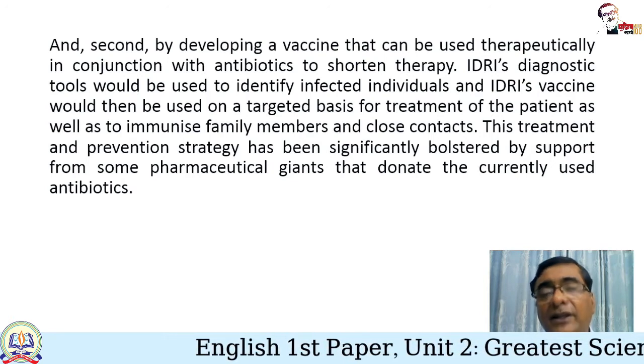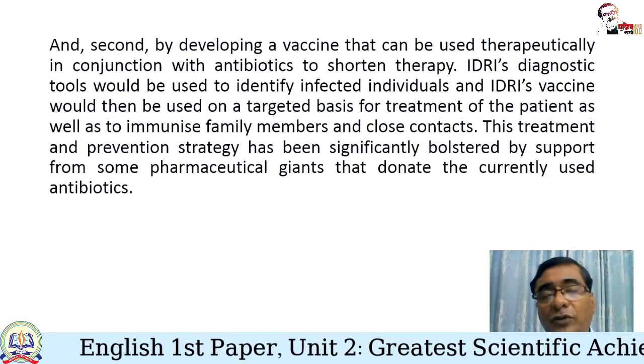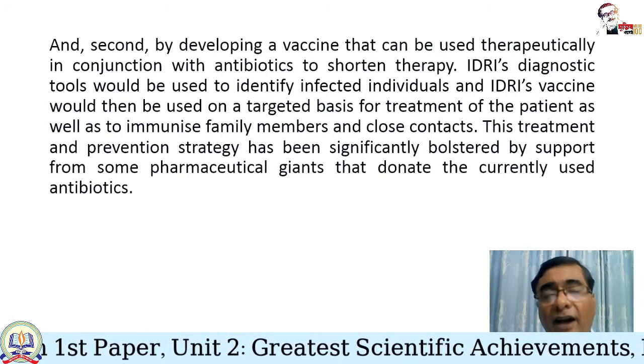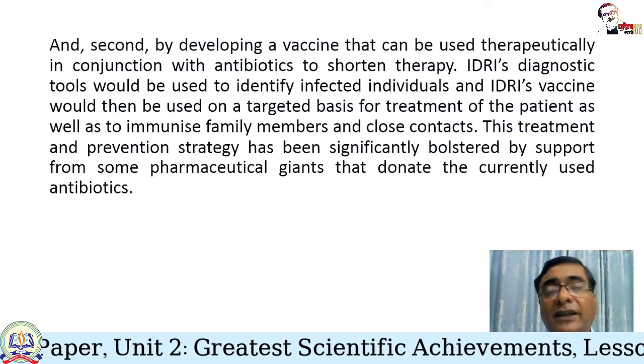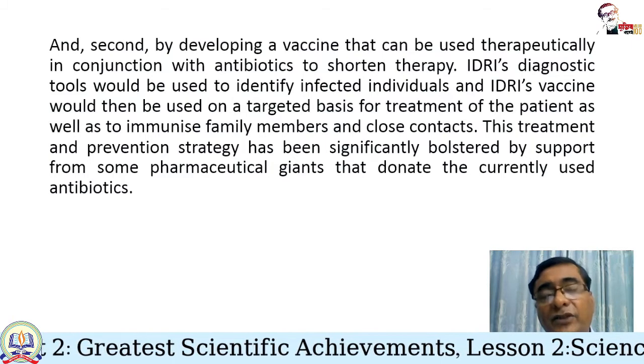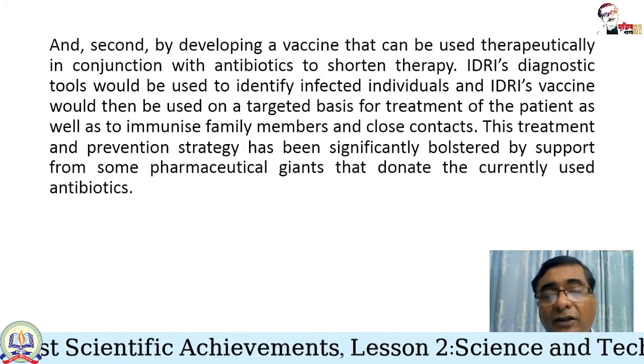What is this treatment? They are using the vaccine and antibiotics. At the same time, when they are starting the treatment with the infected persons, they are giving the vaccine to the family members of the infected person and to the people who have come in close contact with the infected person.